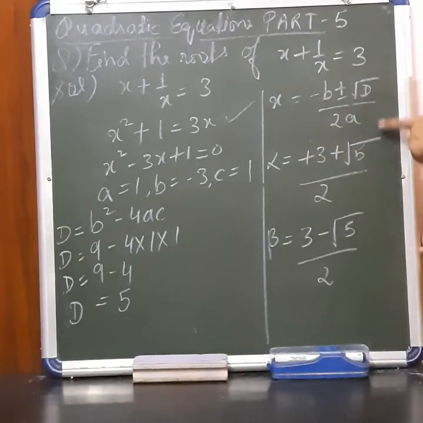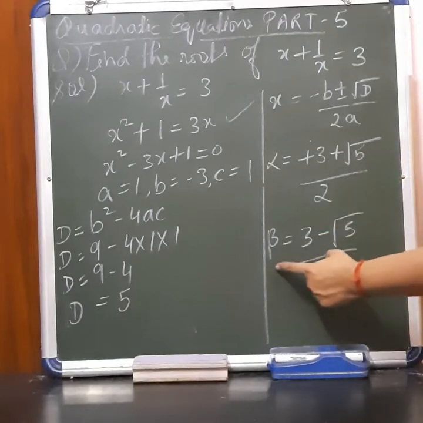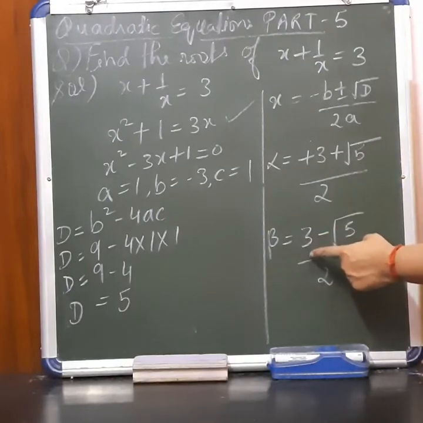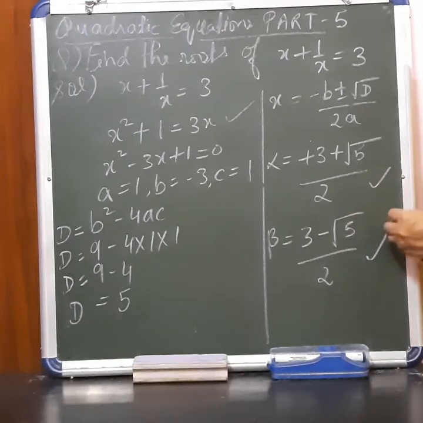The value of d we put as 5. 2 multiplied by a, the value of a is 1, so it will be 2. For alpha we will apply the plus sign, so it is 3 plus root 5 upon 2. And for beta it is 3 minus root 5 upon 2. So these are two roots. The first root we will call alpha and the second root we will call beta.